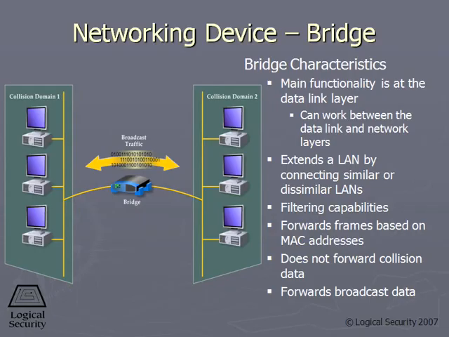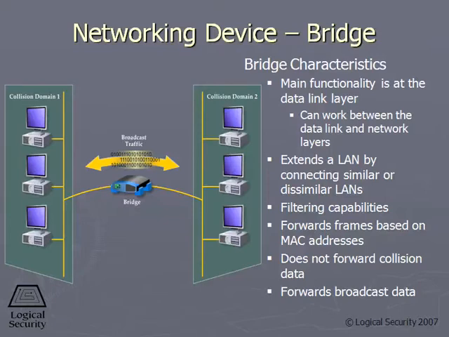Now a bridge is something that does not just work at the physical layer, it works at the data link layer. And it makes decisions on what port some type of data has to go to. So let's say you have a bridge, you have a computer connected to one port, and it needs to go to this system over here.